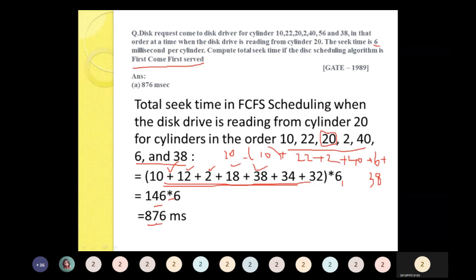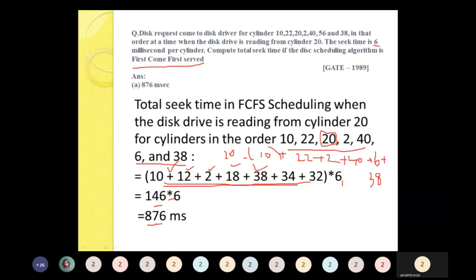This question was also asked in the GATE exam, and it involves a common mistake. When students look at this problem, they observe the given data and the algorithm, but they do not look at the seek time that is given here.